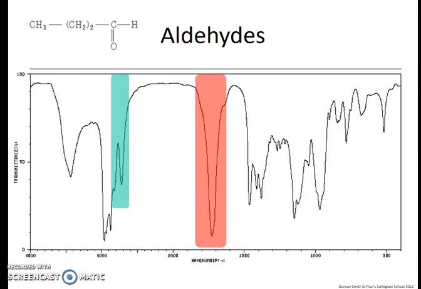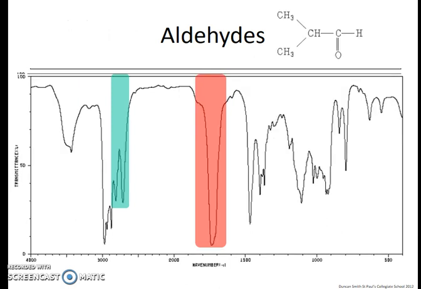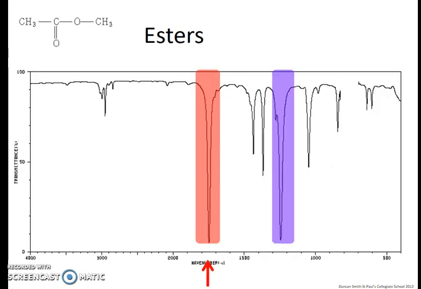With an aldehyde in particular, the carbonyl carbon is bonded to a hydrogen, and that tends to lead to a secondary kind of shadow peak on the carbon-hydrogen bond stretch in the middle on the left-hand side. That's the bit that's highlighted in green there for you, and that can be quite diagnostic for an aldehyde. Again, you see that there: a very strong carbonyl peak and then that diagnostic little shoulder peak on the carbon-hydrogen mess.